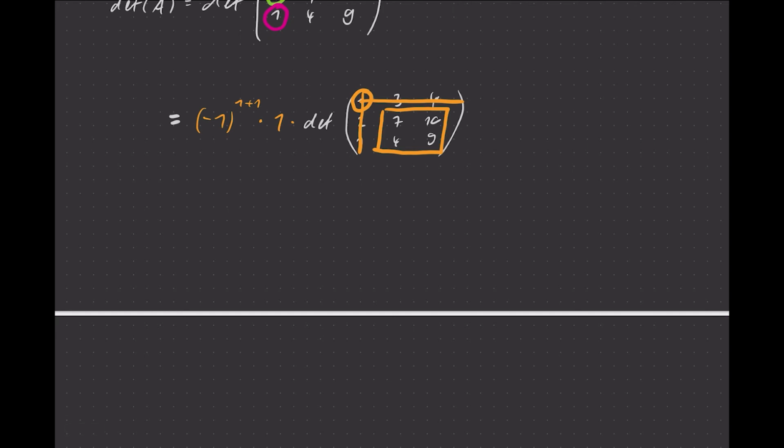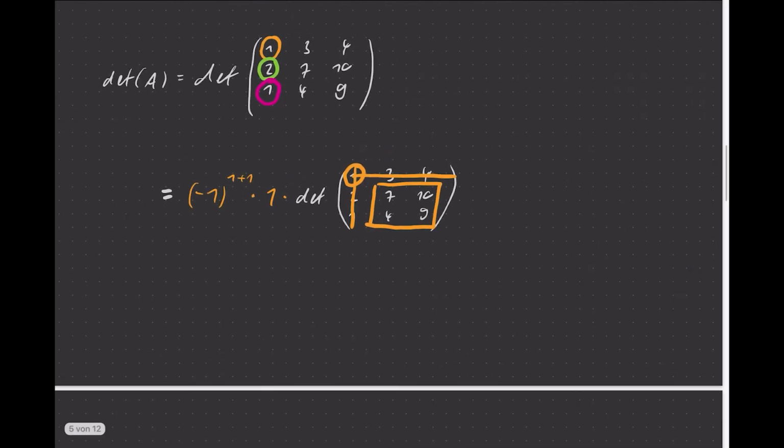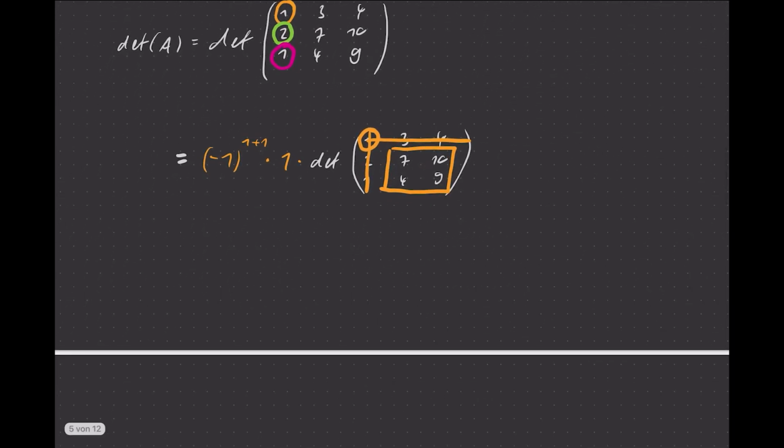Now let's do the same thing for the green entry. So we'll add minus 1 to the power of row. The row number is now 2 plus 1. And you notice 1 is the column number, of course.